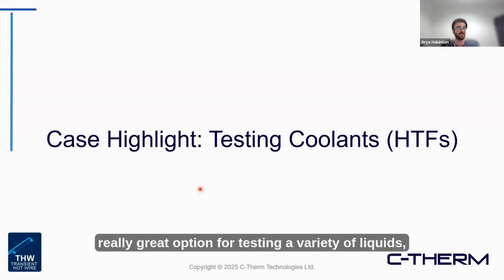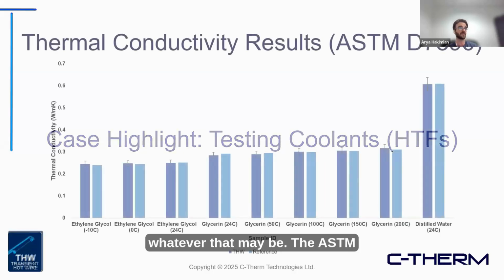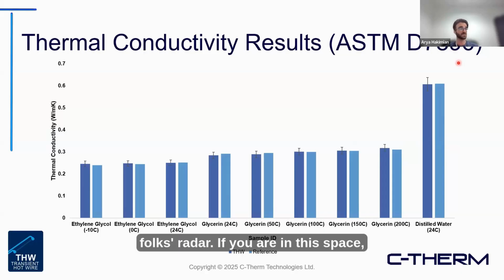As I was saying, it's a really great option for testing a variety of liquids, specifically engine coolants, heat transfer fluids, whatever that may be. The ASTM D7896 standard is certainly on many folks' radar if you are in this space.